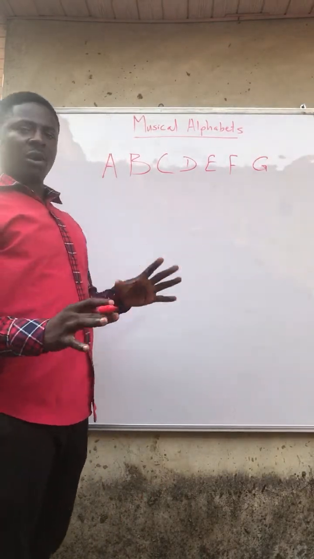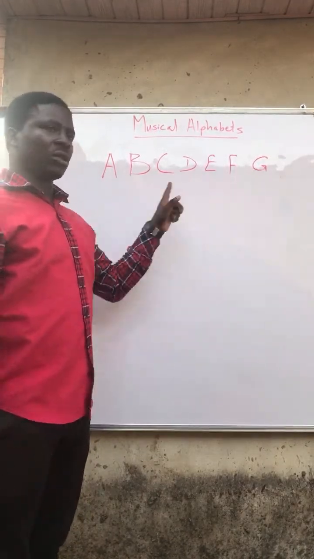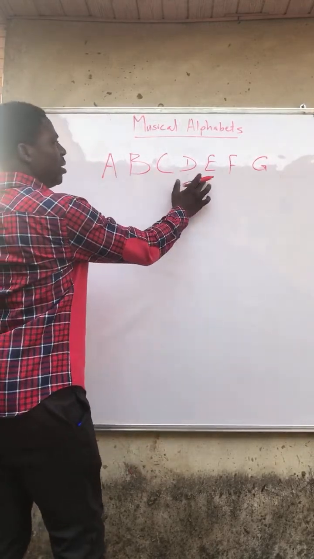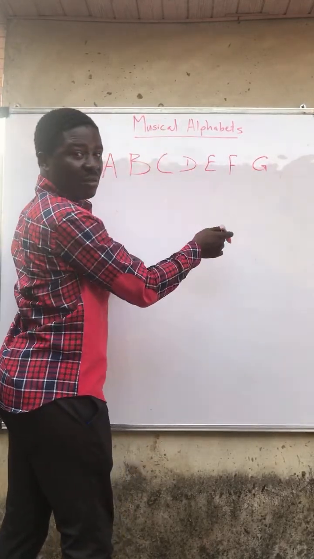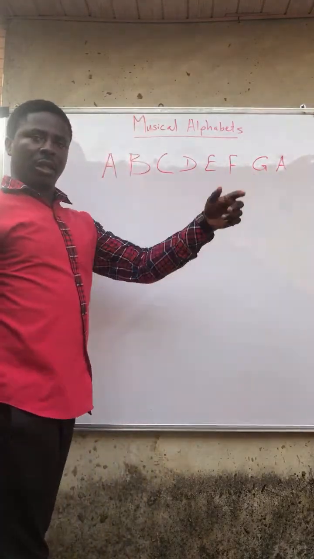We have just seven: A, B, C, D, E, F, G. Then after G, you start again from A. Then you continue like that.